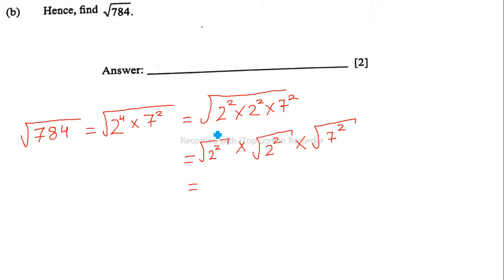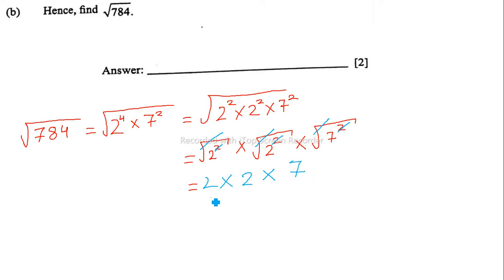The square root cancels with the square, each time. So we are left with 2, 2, and 7. So 2 times 2 times 7.